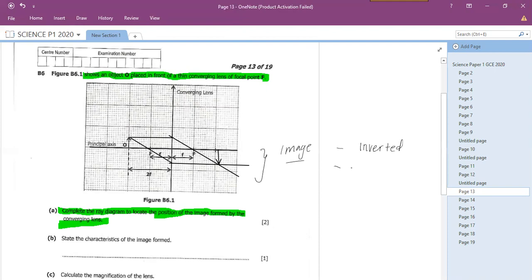It appears on the opposite side. Every inverted image means it's real. So every image that has been formed that's upside down will be inverted, real, on the other side of the lens.